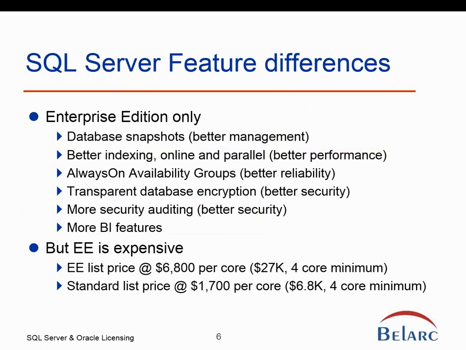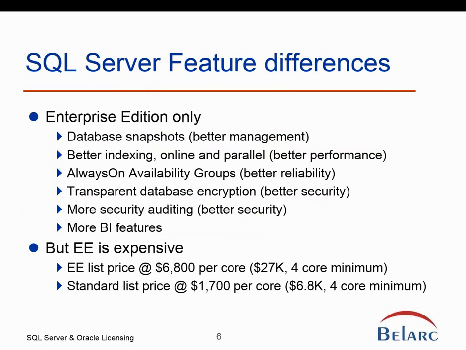So there are pretty major differences in the SQL Server editions. We've just compared here some of the different features that you can have under Enterprise versus the other editions, and of course better management with database snapshots, online indexing, and parallelism greatly enhances performance.